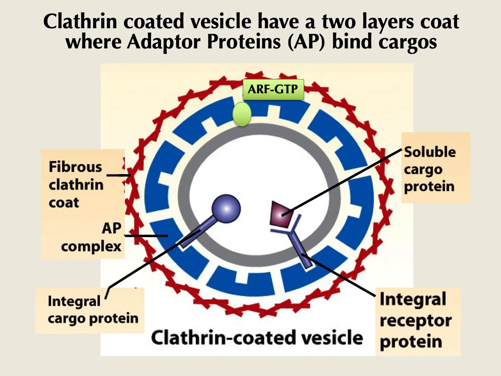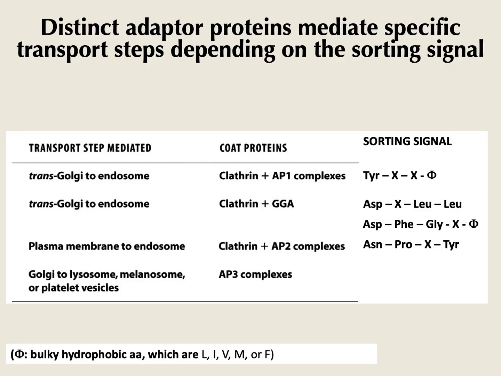Let me illustrate that, right? So the point I'm trying to make here is, you have different kinds of transport which involve the clathrin coat. And I started mentioning that, the trans-Golgi to endosome, and there are two different kinds, plasma membrane to endosome, and in rarer cases, we're not going to discuss much, Golgi to lysosome, and so on. So Golgi to lysosome would basically bypass the trans-Golgi network, right?